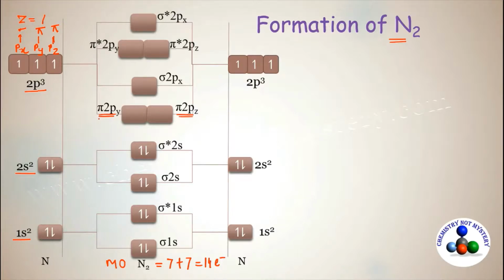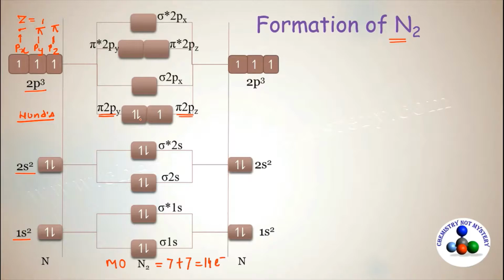Now we have to fill electrons in these pi molecular orbitals, and they both are at the same energy level. So you have to follow Hund's rule of maximum multiplicity. According to this rule, first of all, you have to fill one electron in each molecular orbital, and after that, we can pair them up.